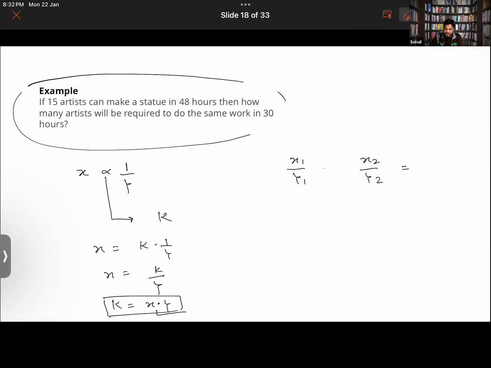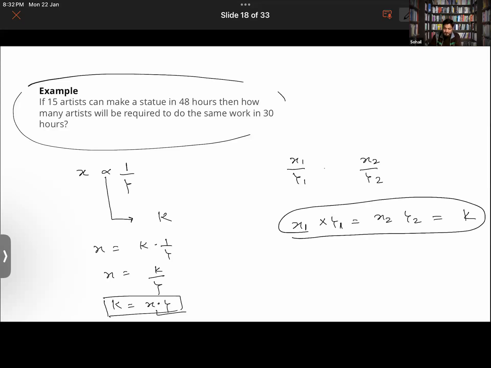But here it is written in this manner: we multiply x1 with y1 and then equate it with x2 into y2. Hope that is clear, and that will give you a constant value k. So that is the thing.